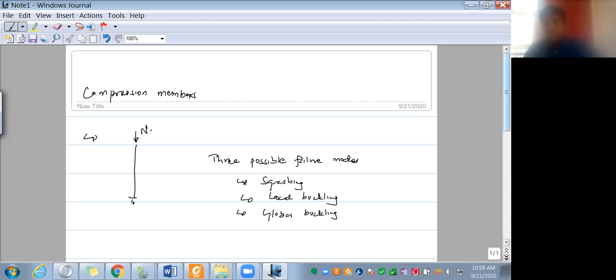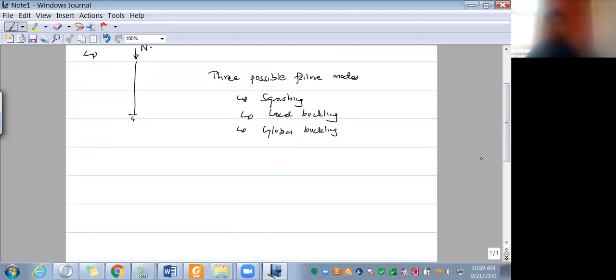When we design a member under compression, we need to consider all three, and the lowest of these three will be the failure load of the member. Now we are going to look at those in detail.